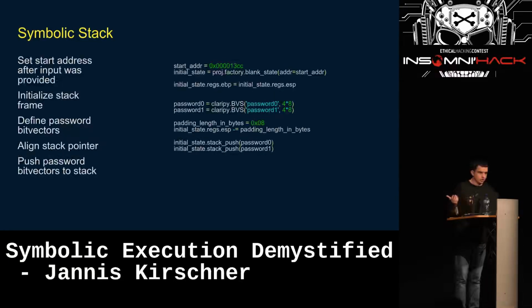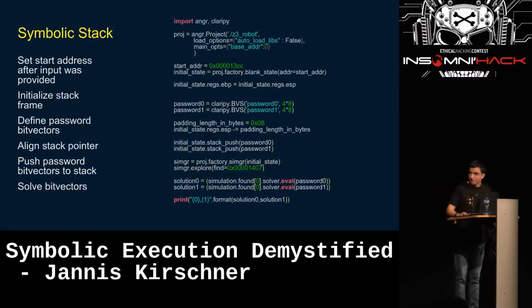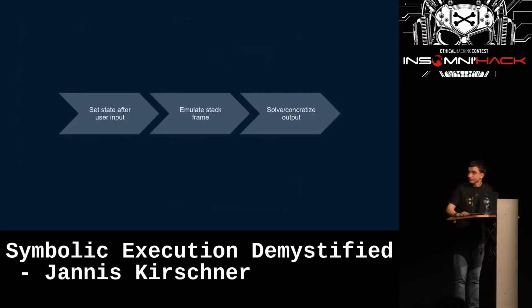This is really just like coding basic assembly. And then finally, we run the exploration algorithm. And then we can solve the bit vector if a solution has been found. So really easy, we just set our starting address right after providing the input. We emulate the stack frame and we solve and concretize the output.